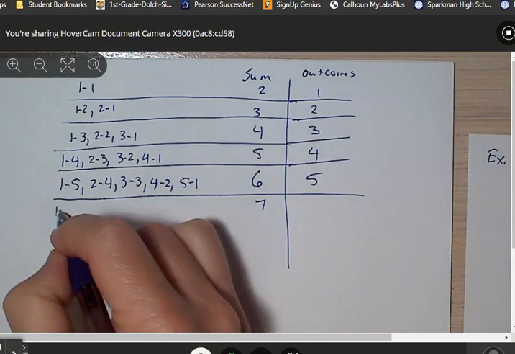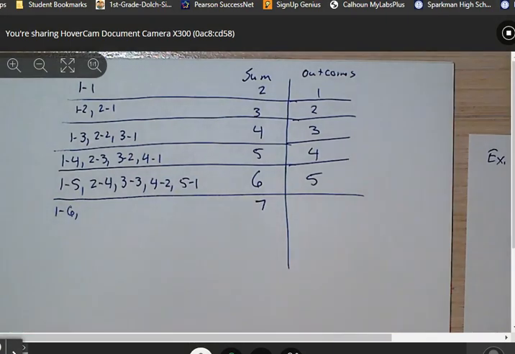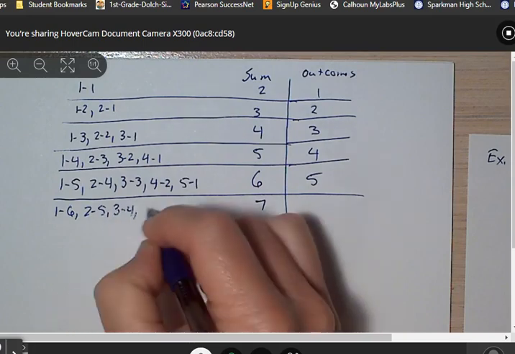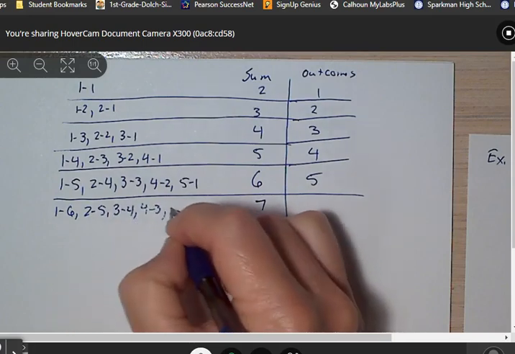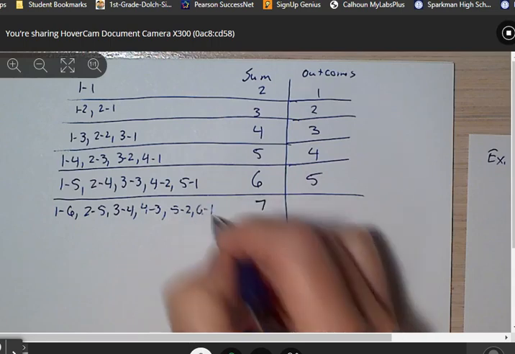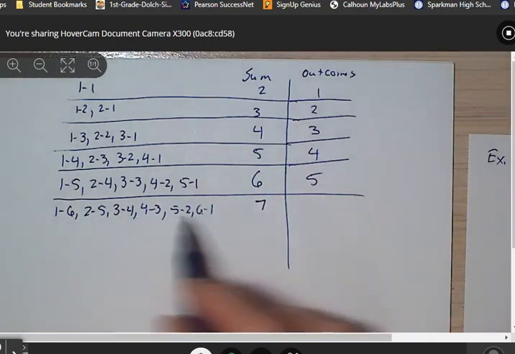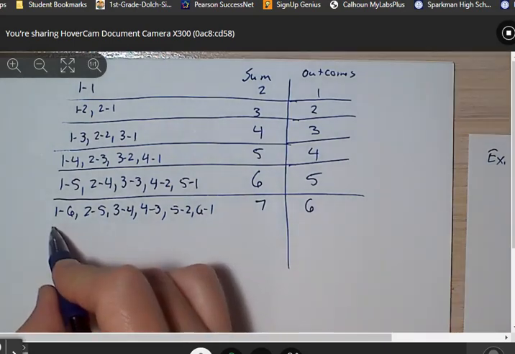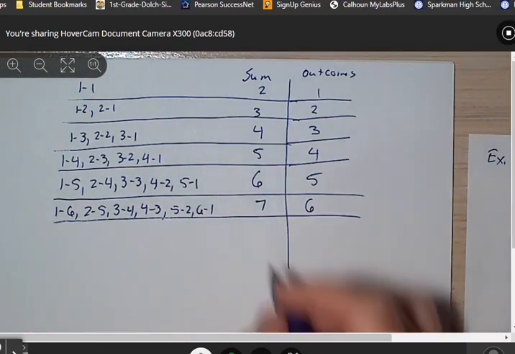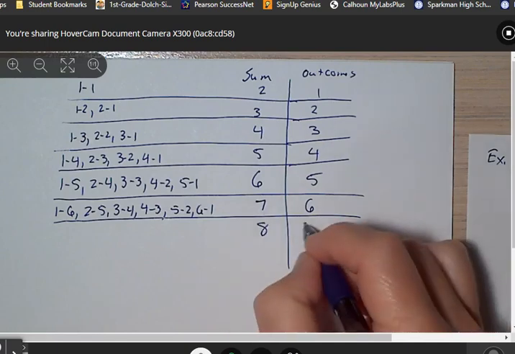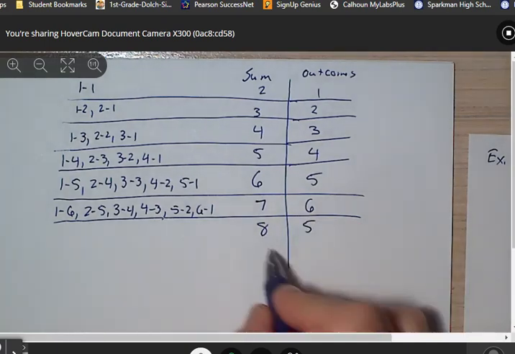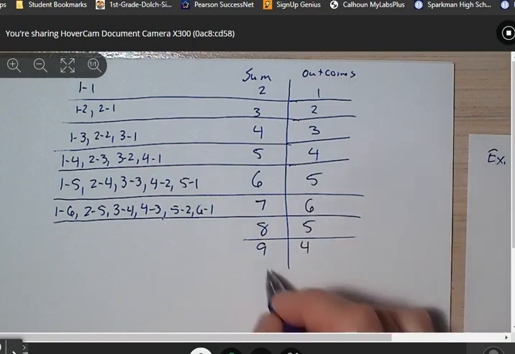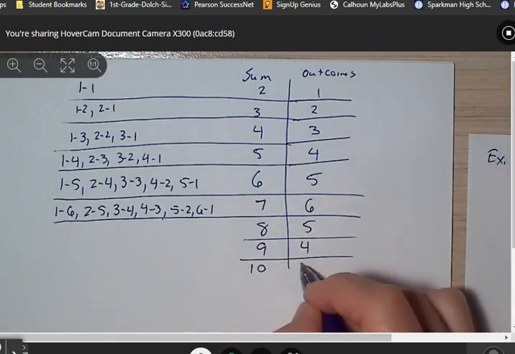And if your sum is 7, this would be your max that you get, because it'd be 1, 6, 2, 5, 3, 4, 4, 3, 5, 2, or 6, 1. So you've got 6 different ways you can get a 7. And then after that, it should basically be the mirror image on this one. If you're talking about 8, there should be 5 different ways to get an 8. If you do 9, there's 4 different ways. If your sum is 10, there's 3 different ways.